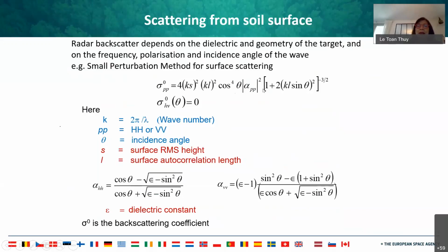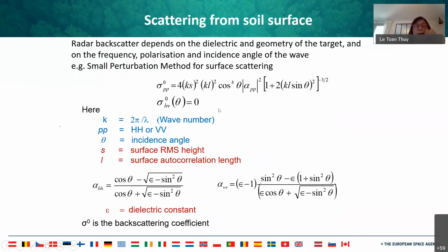This is a model developed using some assumptions and approximations of the properties of the surface for surface scattering. Here it is the small perturbation model. In many of the soil models, the part attributed to cross polarization, HV, is assumed to be 0, so no cross polarization.